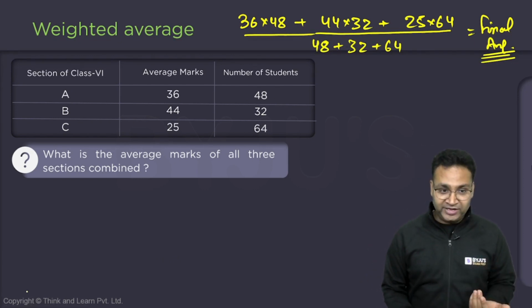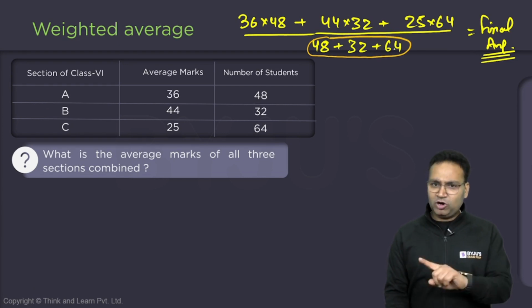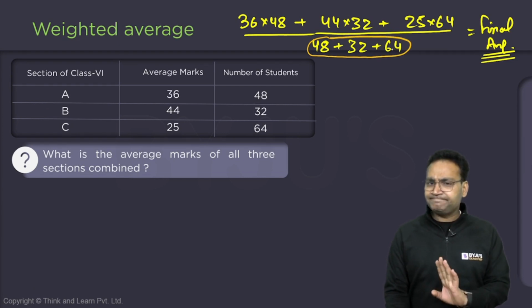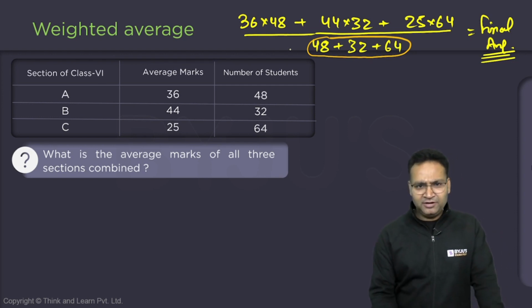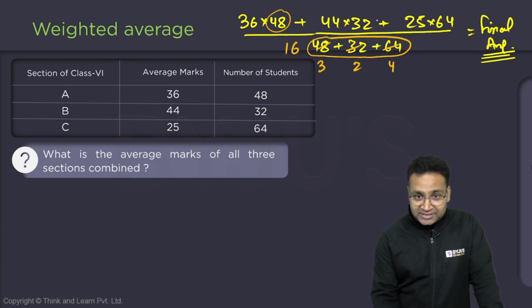Now, my point is, if I just see that among this 48, 32 and 64, there is a common number. What is the common number? 16. Clear? If I take 16 out of this, so 16 threes are, 16 twos are, 16 fours are. I can also take the same 16 common outside.